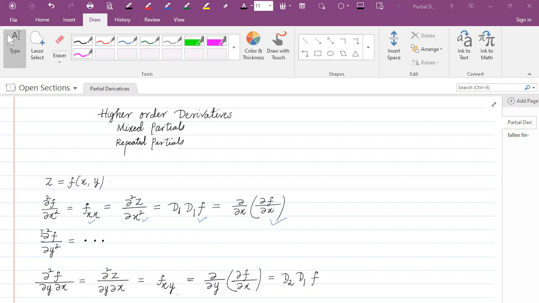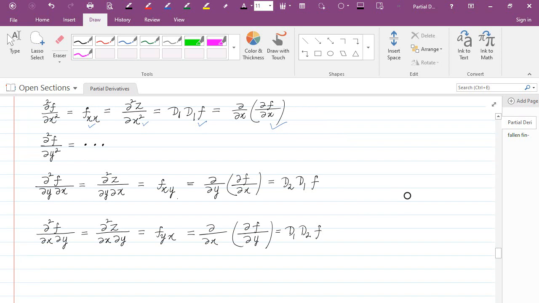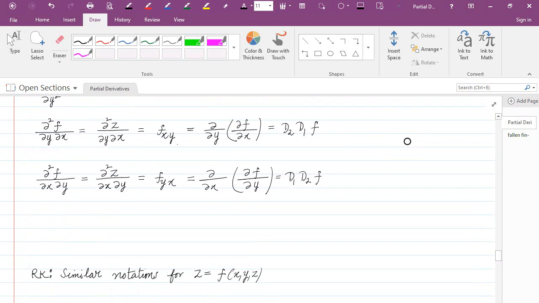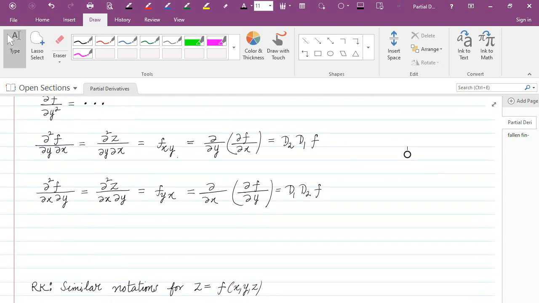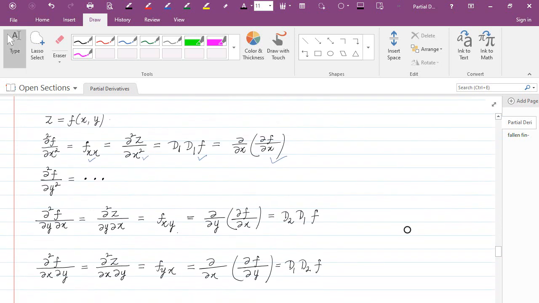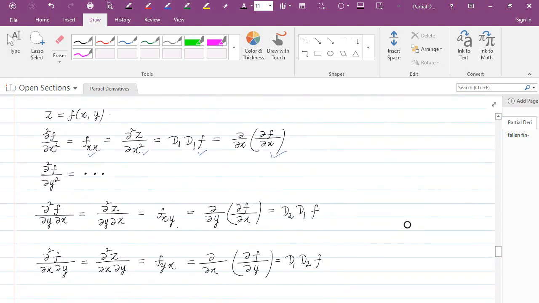Similarly for the second partial derivative of f with respect to y. The first two are the repeated partials, and here we have the mixed partials.